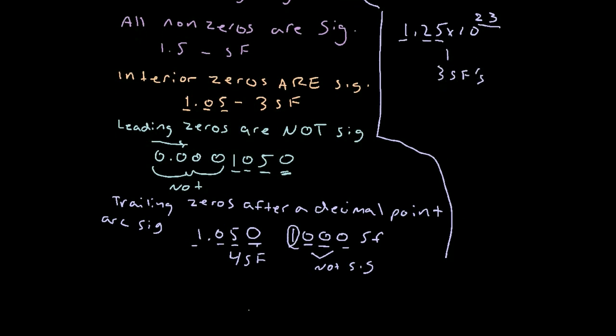All right, let's do some multiplication and division rules. Let's say we've got 2.00 times 3, equals what? How many significant figures does our answer have to have?